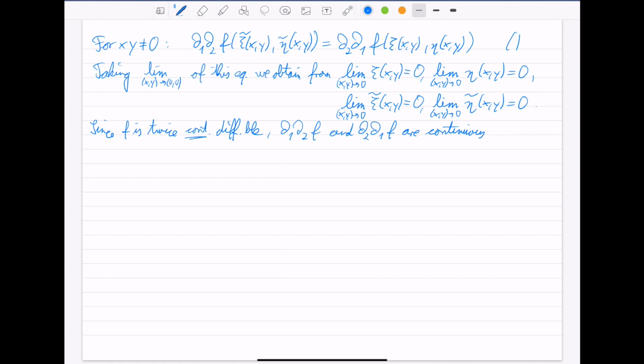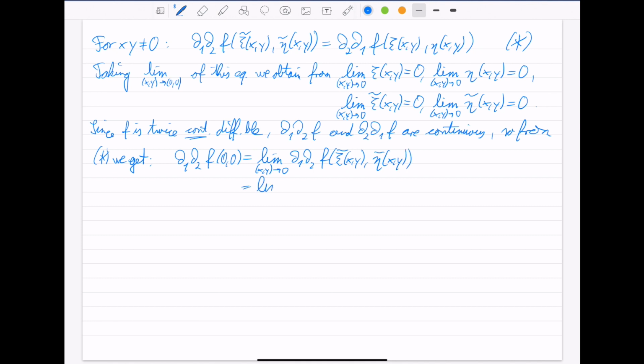So if we take this equation in the first row here, from this equation star, we get that d1, d2 of f in 0, 0 is the same as the limit as xy goes to 0 of d1, d2 f of psi tilde xy, eta tilde of xy.